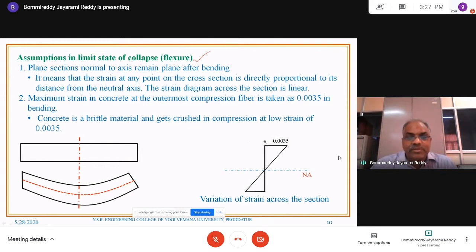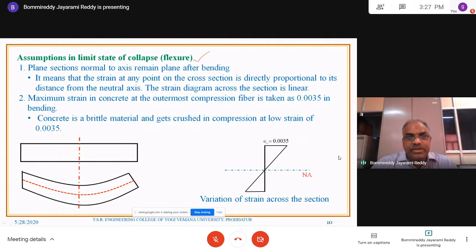the stress at any point on the cross section is directly proportional to its distance from the neutral axis. That means if you draw the strain diagram, this is the strain diagram. The strain diagram across the cross section varies linearly. For this purpose, assumption 1 is mentioned in the IS 456.